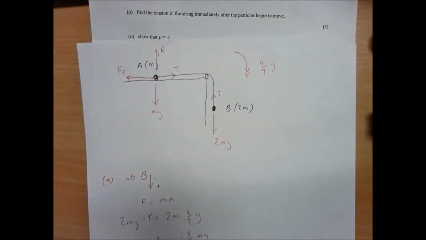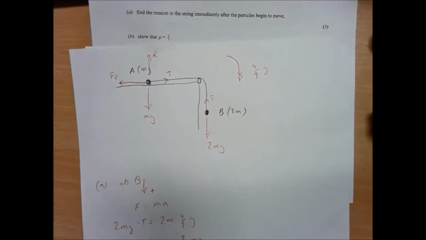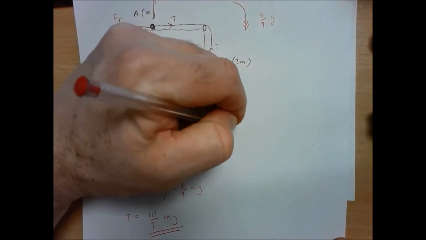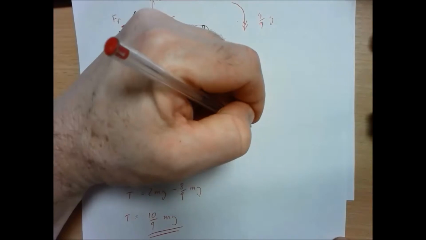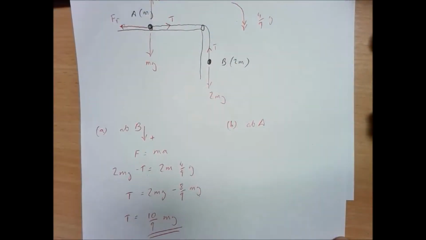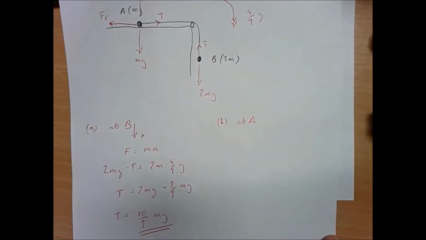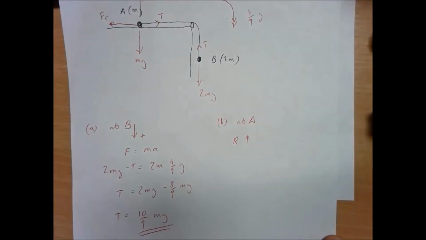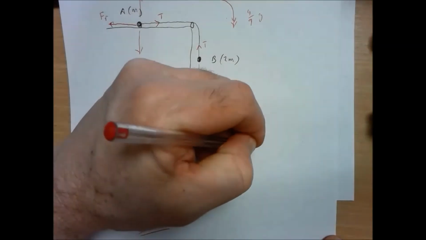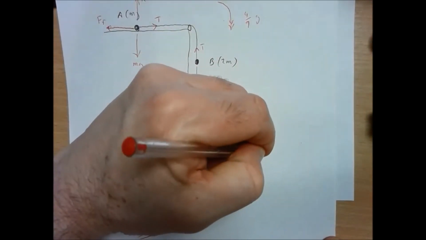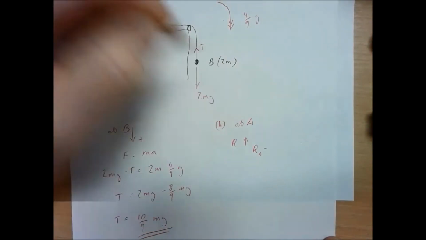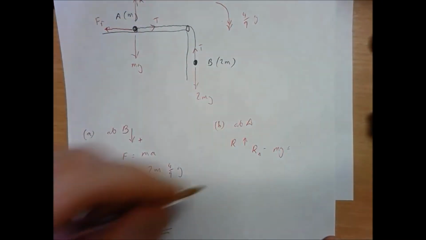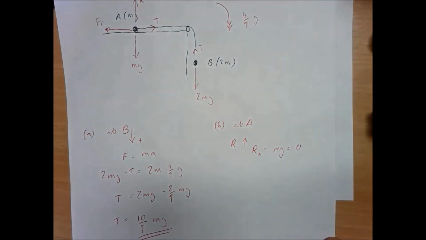Okay, for part B, we've got to show that mu equals 2/3. So we're going to be looking at A for this. If I resolve vertically to start with, I've got R_A minus mg equals 0 because it's in equilibrium vertically.